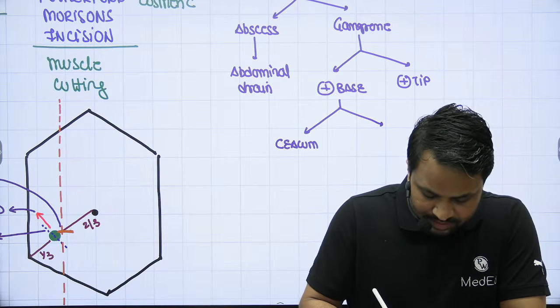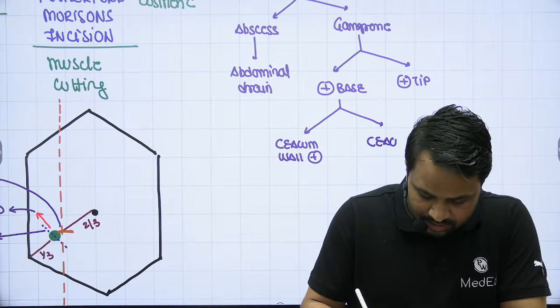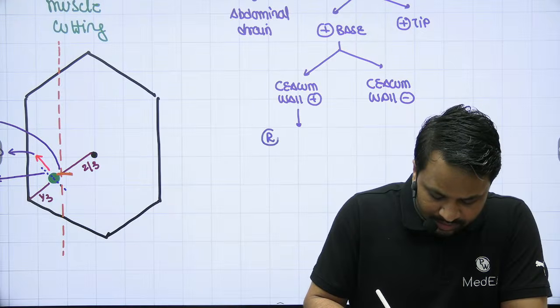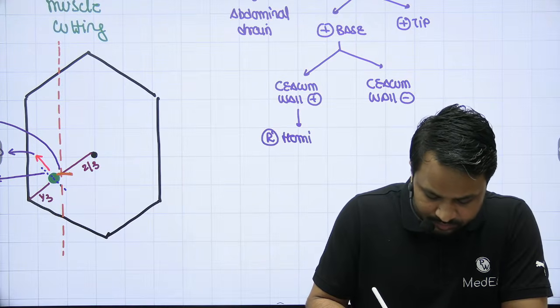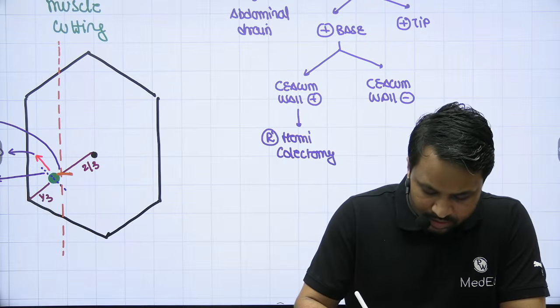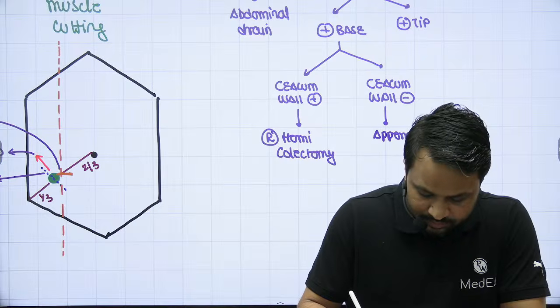We'll see whether the cecal wall is involved or if the cecal wall is spared. If the cecal wall is involved, then we have to go ahead with right hemicolectomy. If the cecal wall is not involved, then you can do an appendicectomy.